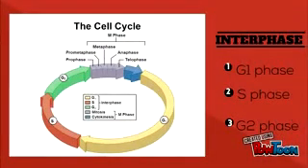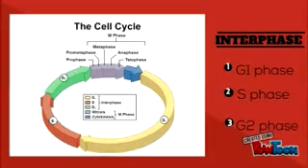G1 phase. During G1, also called the first gap phase, the cell grows physically larger, copies organelles, and makes the molecular building blocks it will need in later steps. The S phase. In S phase, the cell synthesizes a complete copy of the DNA in its nucleus.